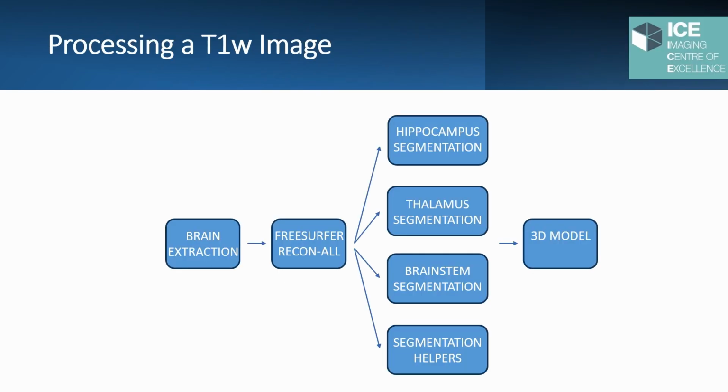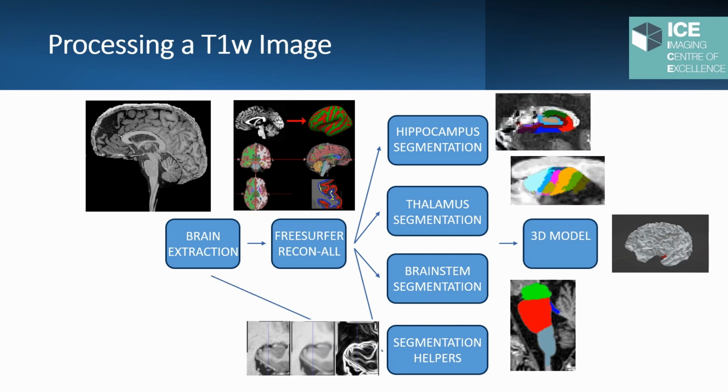So we will start by looking at T1 weighted image processing. The schematic here is an overview of how we might do this for any given project. So we start with brain extraction, and we give those outputs to FreeSurfer's Recon-All wrapper for extensive segmentation and atlas alignment with our native brain image.